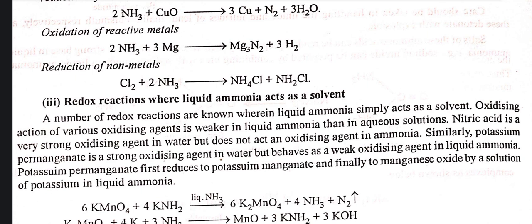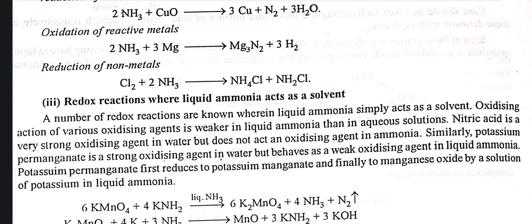The oxidizing action of various oxidizing agents is weaker in liquid ammonia than in aqueous solutions. Nitric acid is a very strong oxidizing agent in water but does not act as an oxidizing agent in ammonia.